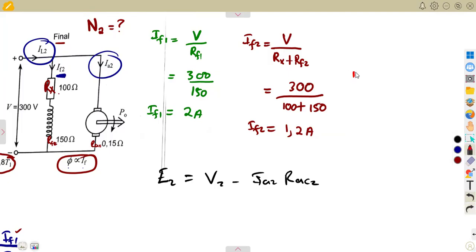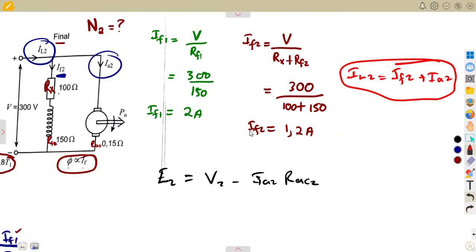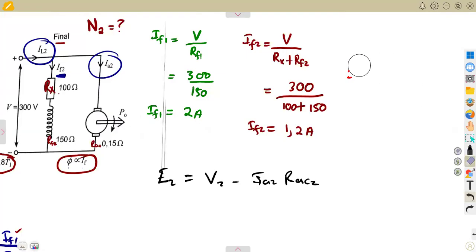The formula of the load current 2 is equal to field current 2 plus the armature current. This is the formula that is not going to work because we do not have the load current and armature current at the same time. So we have to opt for another formula to find the armature current.